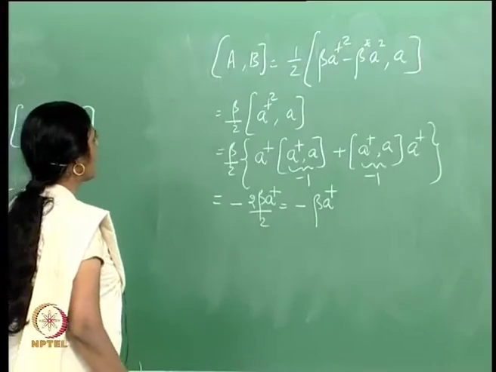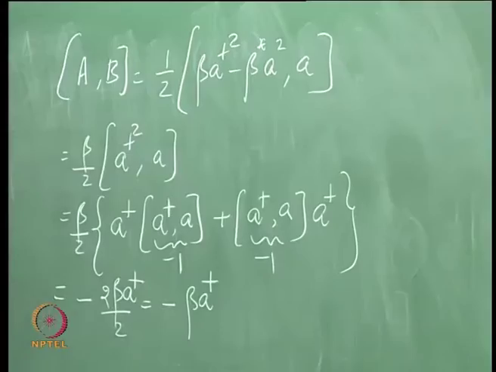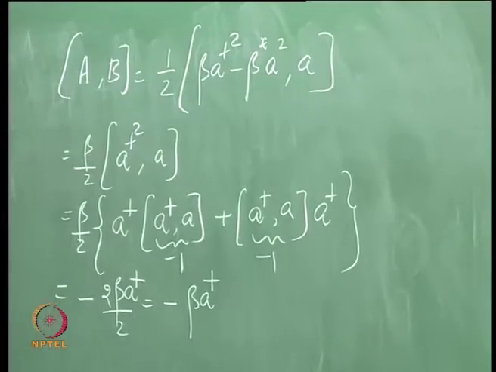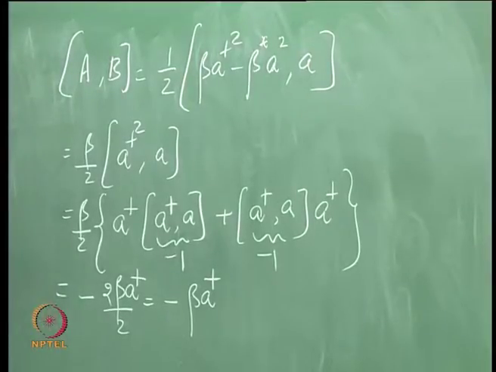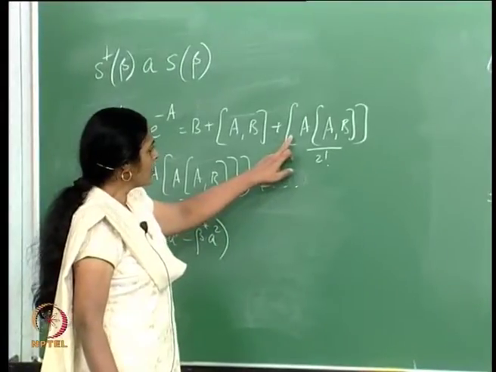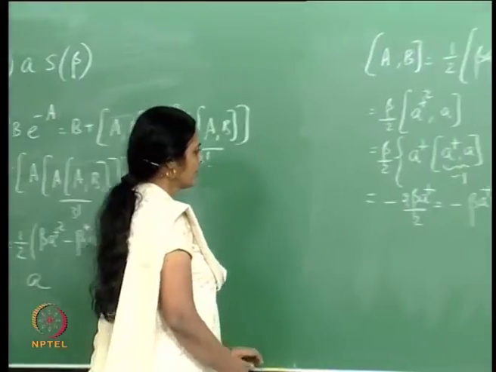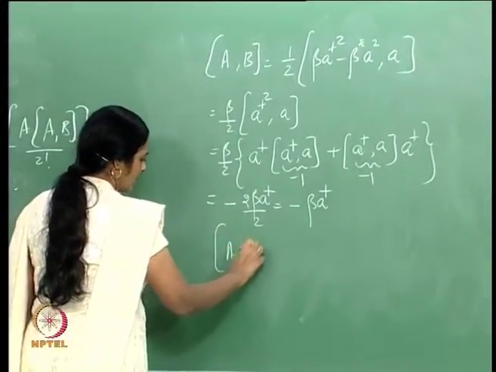So, this is what I have for the commutator of A with B. Now, I need to find the next term, which is the commutator of A with B by 2 factorial.